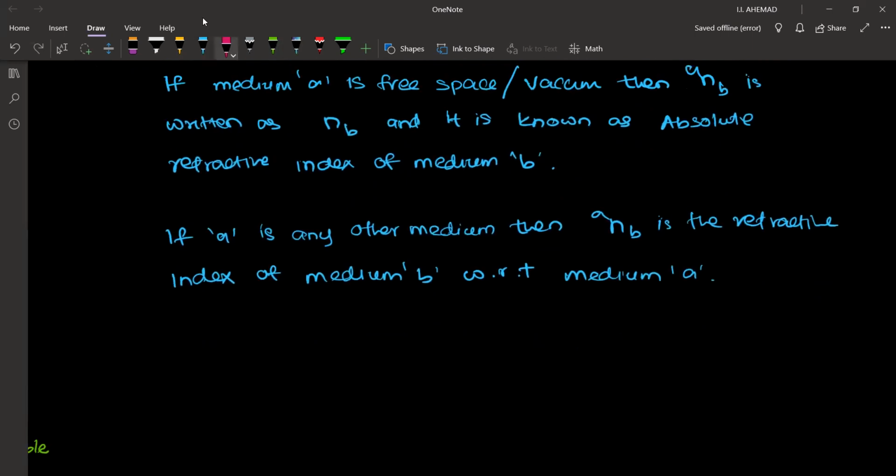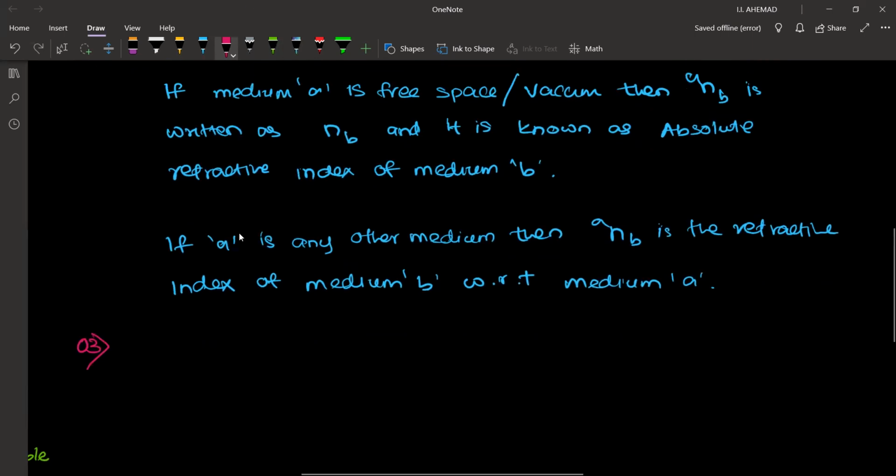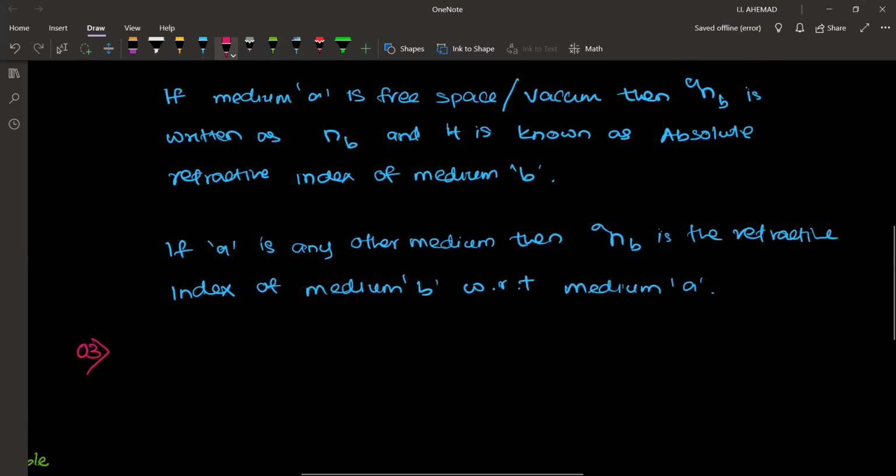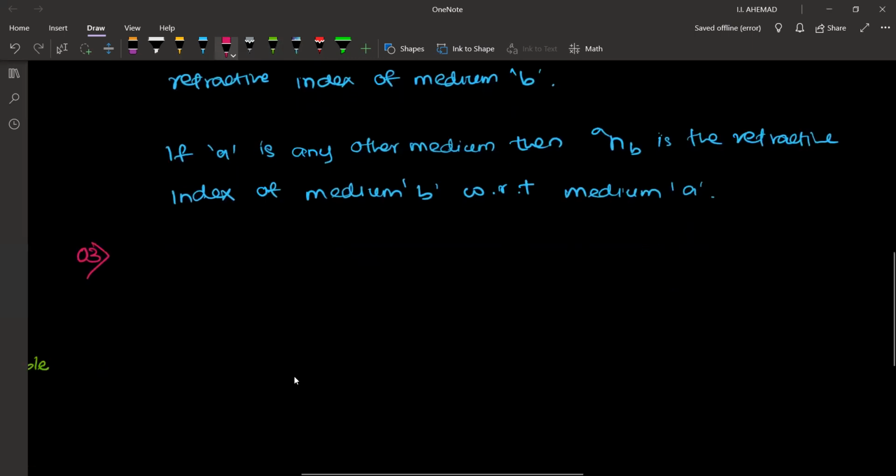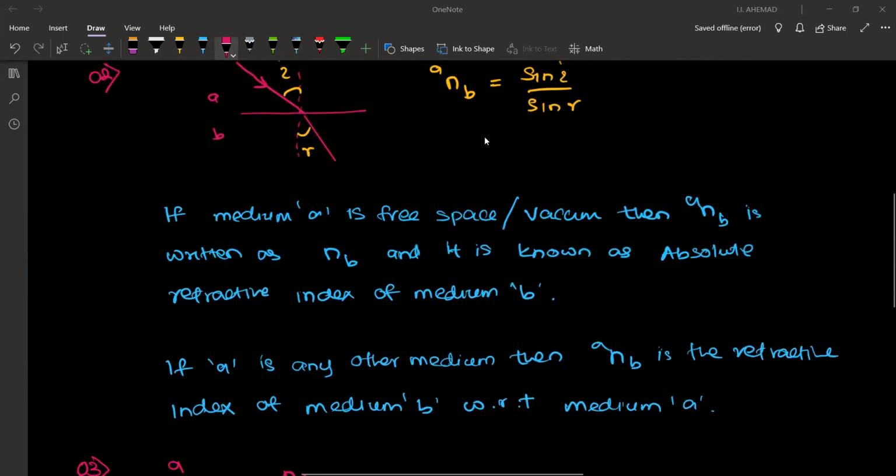Third note. Now, when we write N_BA, this is equal to N_B over N_A.